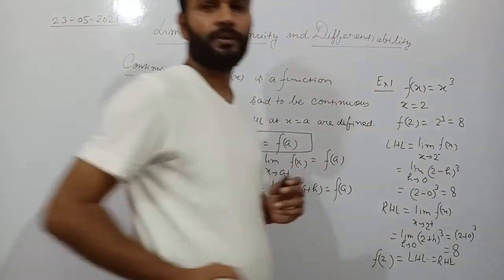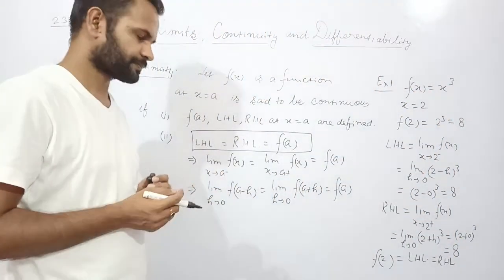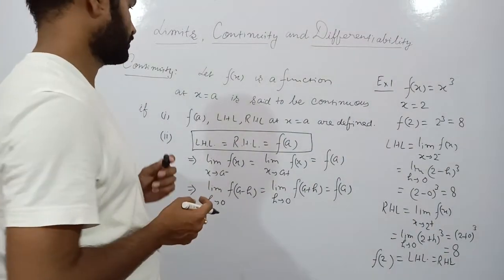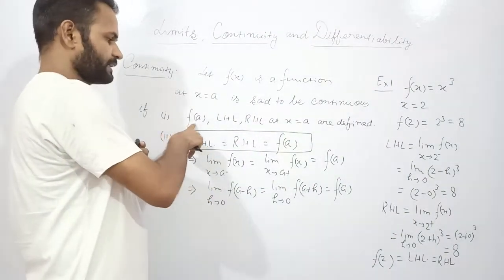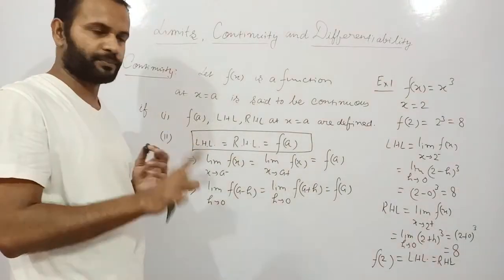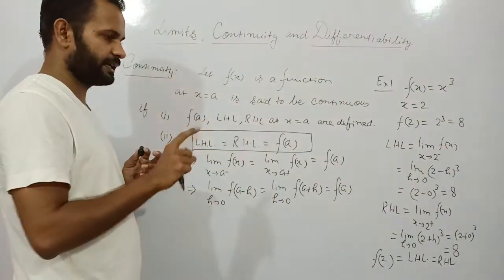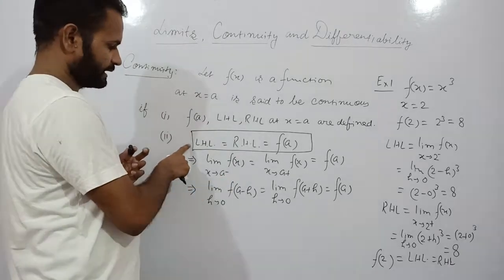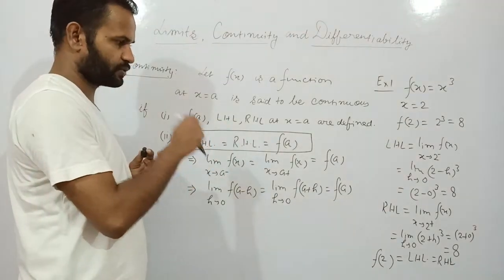So now we can say that this function is continuous. Yes or no? First condition is satisfied, all values are properly defined, properly fixed, 8, 8, 8. Second condition is properly satisfied, LHL equals RHL equals f at a.